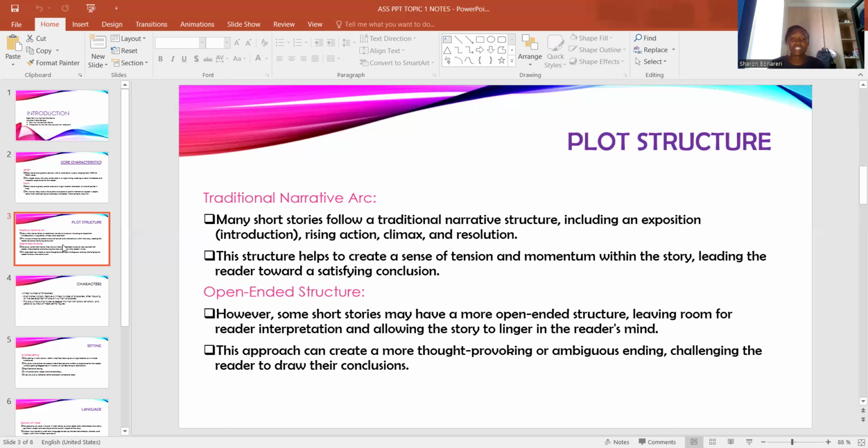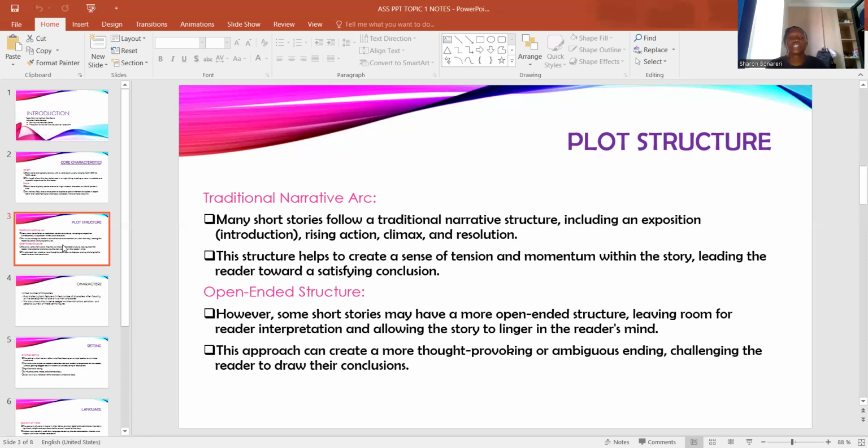We've got a diagram, which I was not able to draw, but a story must start with an exposition stage, that's an introduction, and then the rising action, climax, and finally resolution.